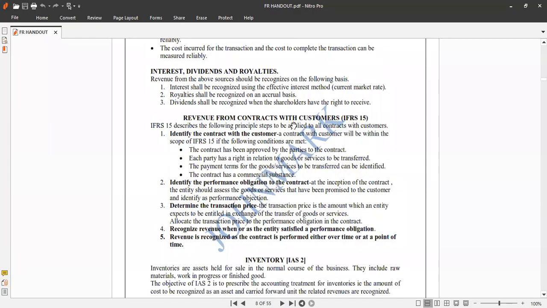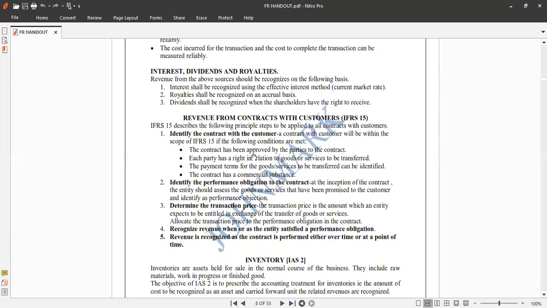Then we have revenue from contract with customer. That's under IFRS 15. Now, IFRS 15 describes the following principal steps to be applied to all contracts with customers. Those are the steps followed when recognizing revenue from customers under IFRS 15. One, identify the contract with the customer. The contract with the customer will be within the scope of IFRS 15 if the following conditions are met.